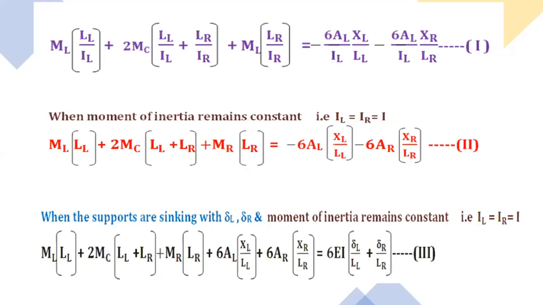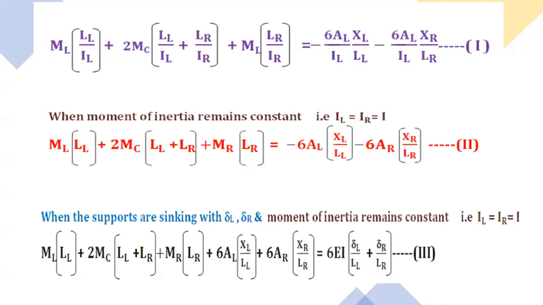When there is sinking of the supports, delta L or delta R, deflections at the left support and the right support, that is called sinking of the support. Then we will consider equation 3. The first fundamental equation will be modified when it is the same moment of inertia, and we will get the second one.